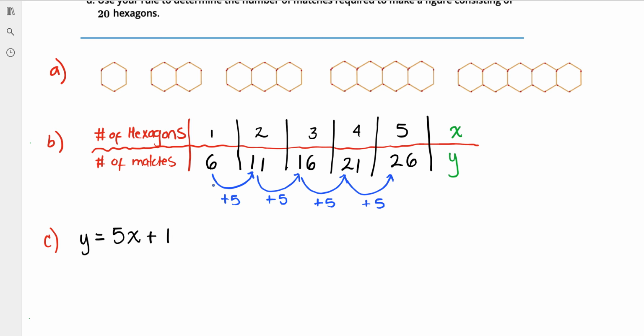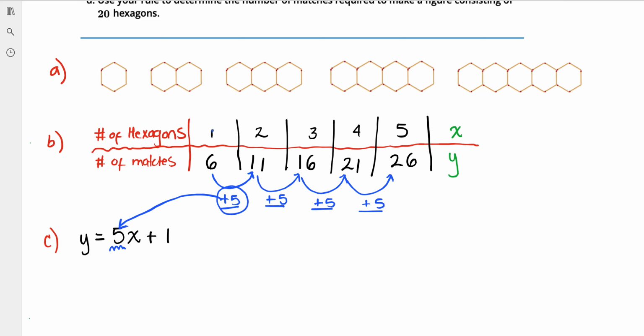The second thing is that I saw that I was adding 5 each time. How do I add 5 faster? By multiplying. So this 5 is this 5 that I have here, because each time I was adding 5 between consecutive terms: the first term, the second term, the third term, the fourth term, the fifth term. And this plus 1 was just adjusting.